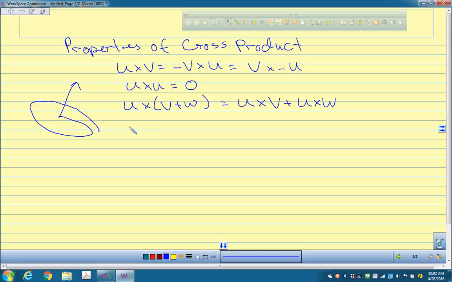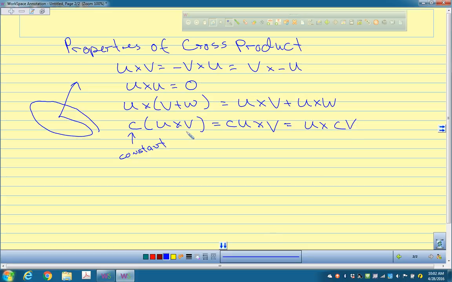Okay. C times (U cross V). This applies to this idea up here. C is a constant, like a number. So C times (U cross V) is equal to CU cross V, which is equal to U cross CV.